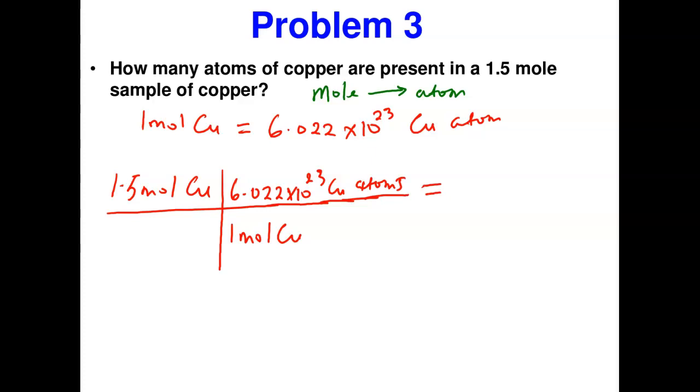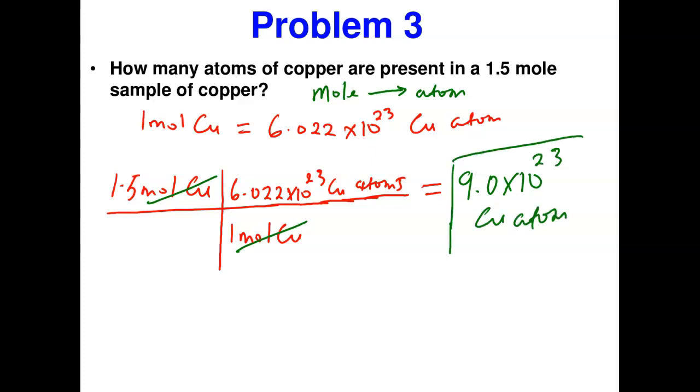Here again, 1 mole of copper cancels moles of copper. And the answer, when you punch it correctly, will give you 9.0 times 10 to the 23 copper atoms. And this becomes your answer at this point.